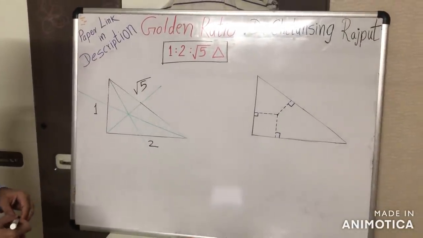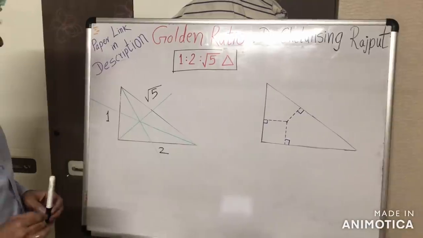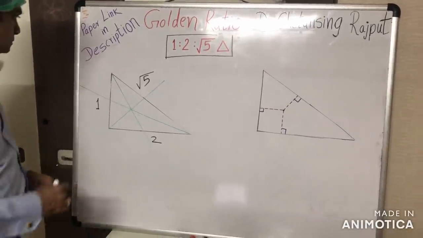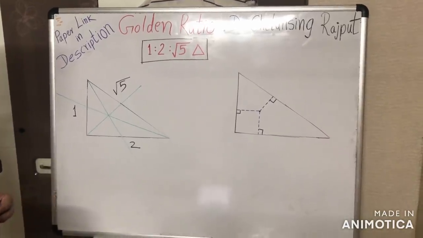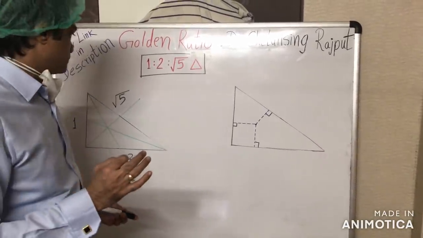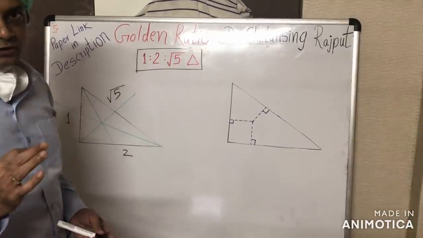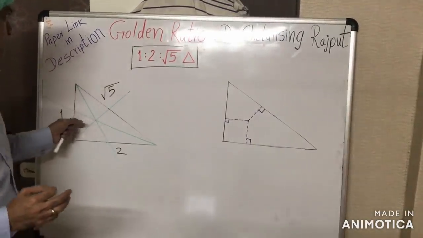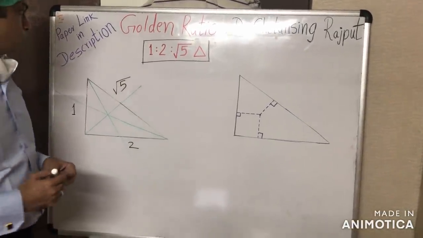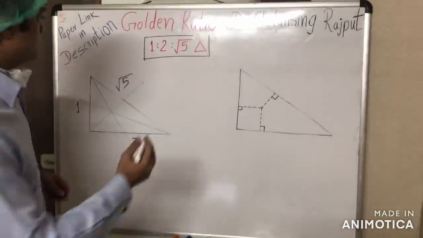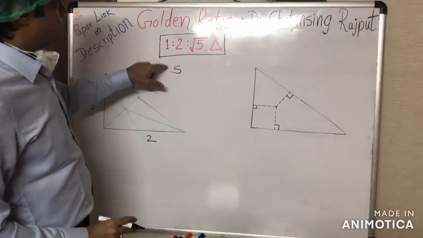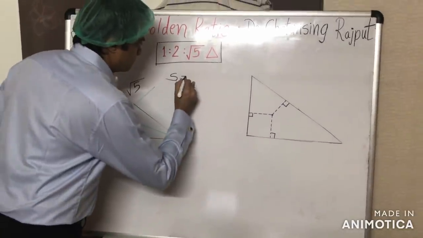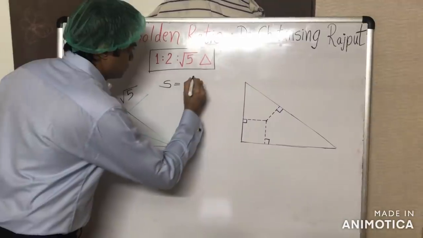Precise measurements and calculations show that in this 1 to root 5 triangle, every feature, every aspect, and every calculation is associated with the golden ratio, like the semi-perimeter of this triangle. The semi-perimeter of the 1 to root 5 triangle precisely equals the square of the golden ratio.